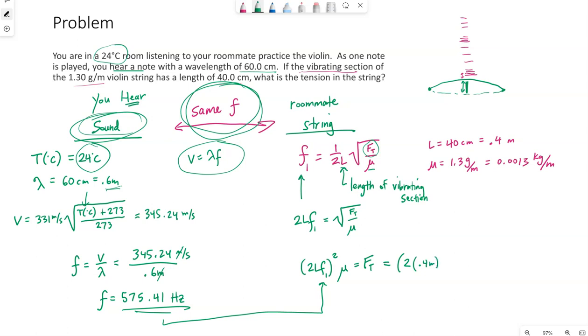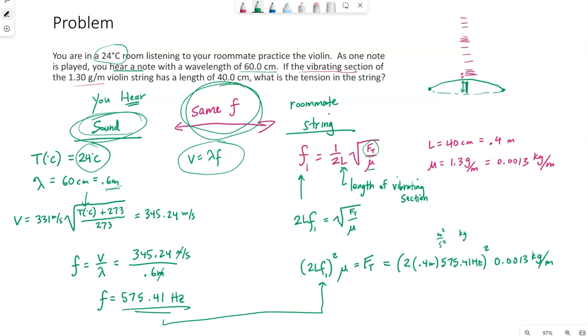This frequency we just figured out. All of this needs to be squared, and then we multiply that by our linear mass density in kilograms per meter. Units, we end up with, in here, the meters squared over seconds squared from the hertz.